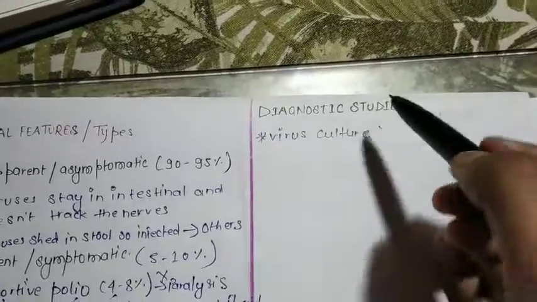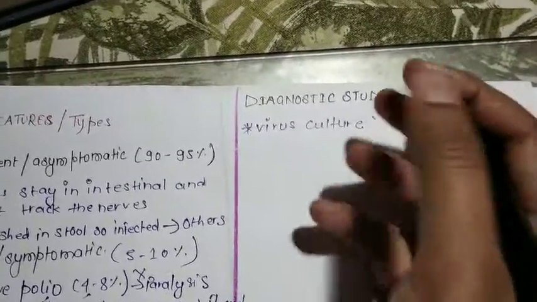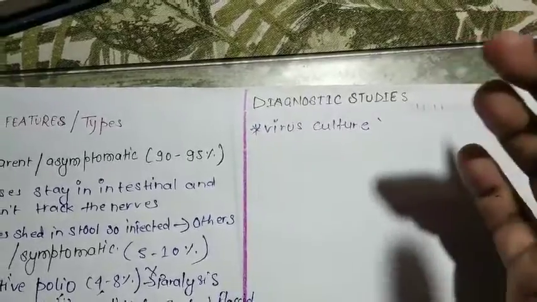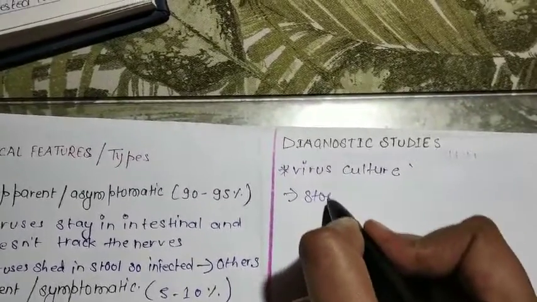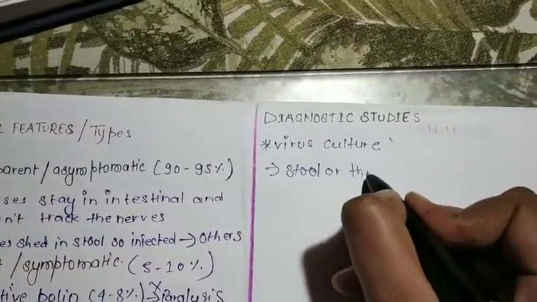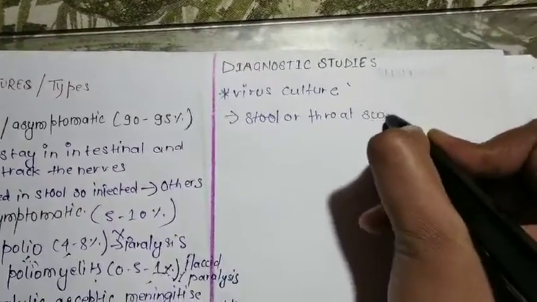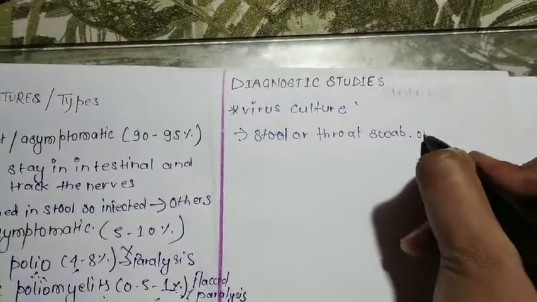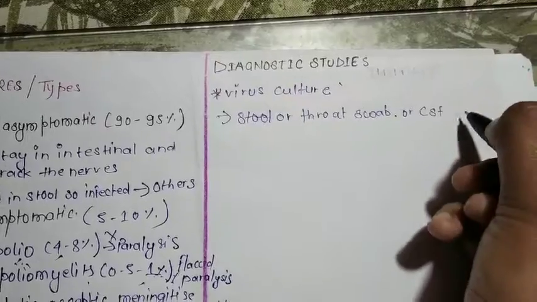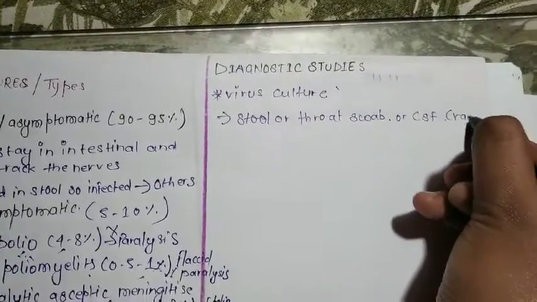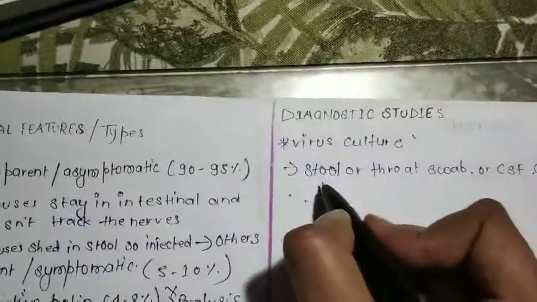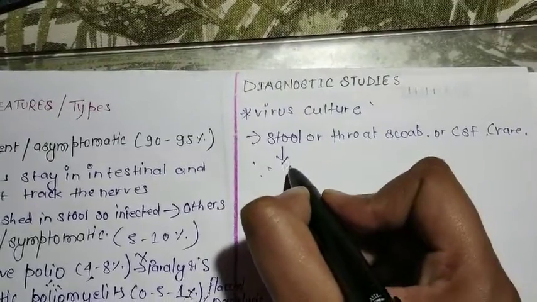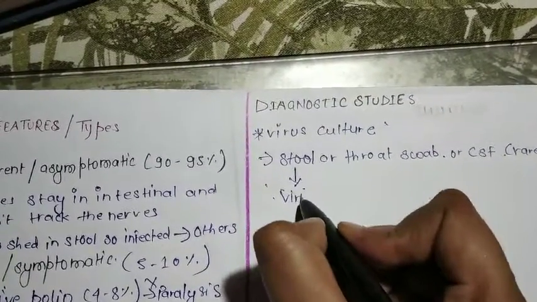Polio is confirmed by isolation of the virus by culture, from a stool sample or a throat swab, or also the CSF, cerebrospinal fluid, but in rare cases. In an infected person, the virus is most likely to grow in a stool culture. Mostly we'll use stool culture to grow this virus.